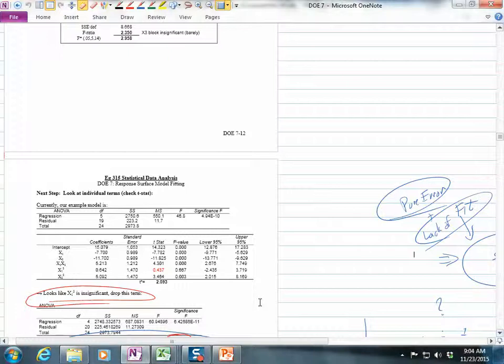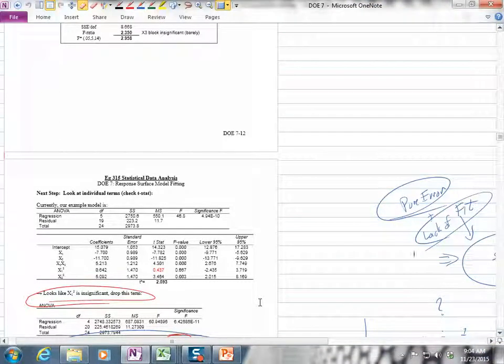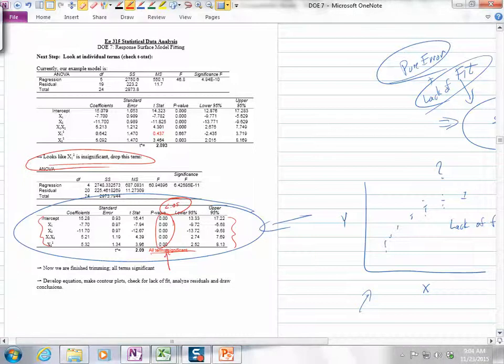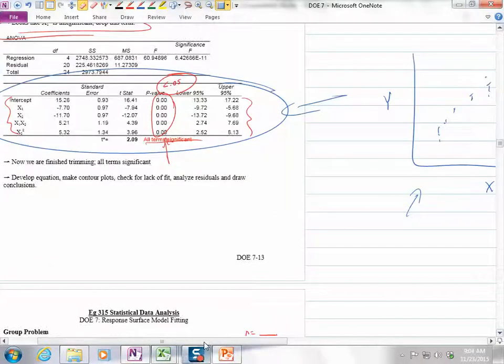We drop the least significant term, run the regression again, look at the results, then drop the next least significant term, run the regression again, until we're down to something like this, in which all terms are significant in the model. So that's where we left off.